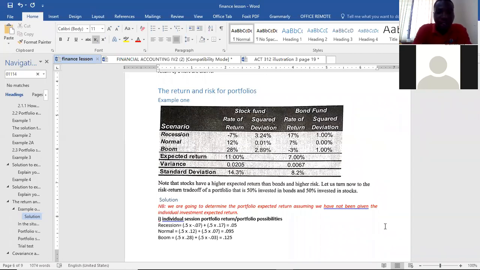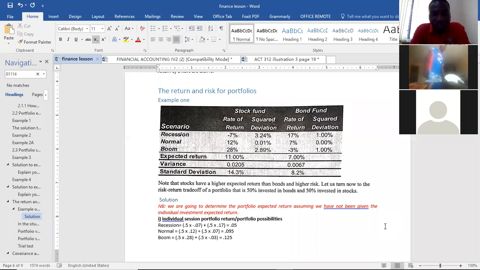So the standard deviations of the investments multiplied by the correlation of the investments gives you the covariance. If you have a question where you have been given the covariance straight away, you don't need to calculate it. You just use it straight.